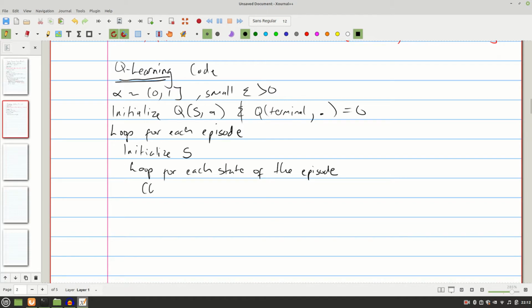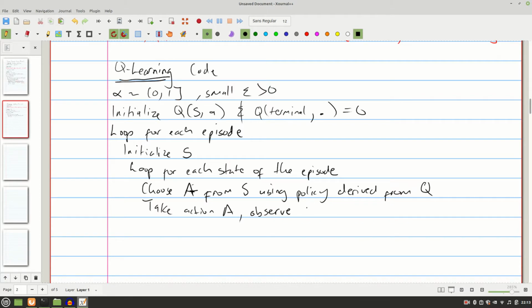For this, we choose A from S using a policy derived from Q. So this is our behavior policy that we're using to choose action A. Then we take action A, and we observe R and S prime.